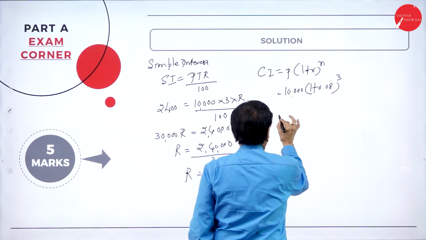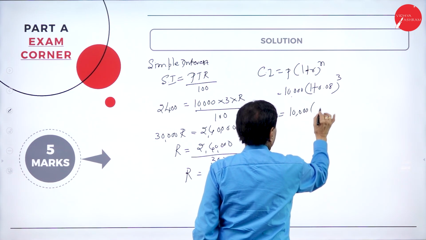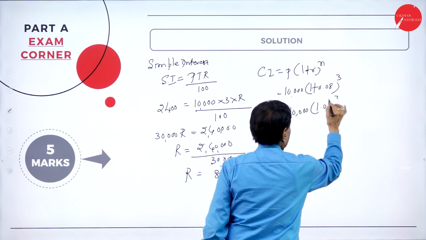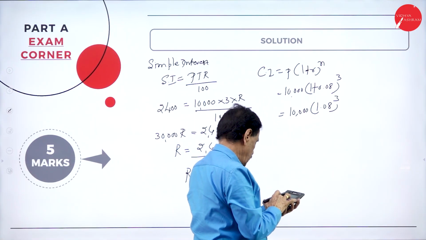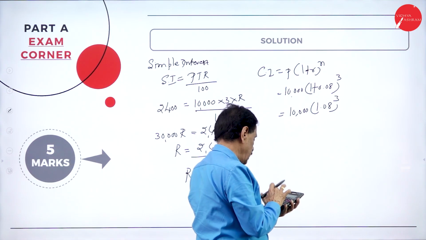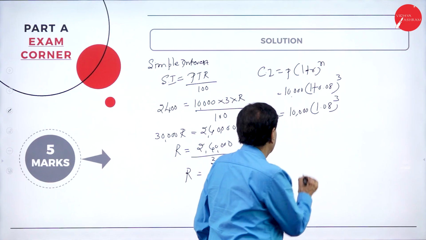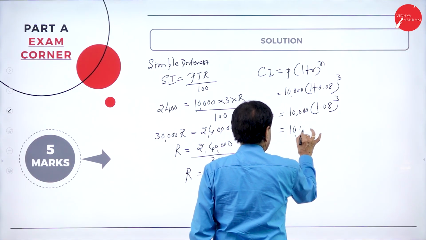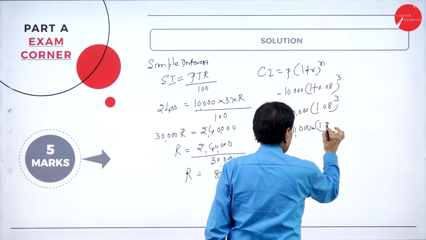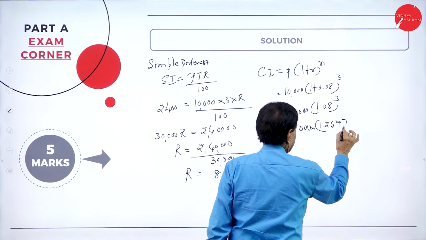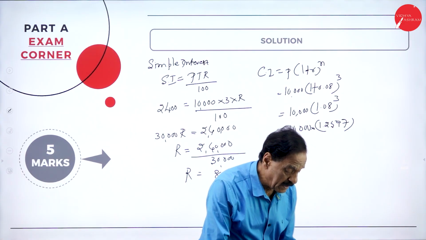This is 10,000 into 1.08 to the power of 3. 1.08 into 1.08 into 1.08 is 1.2597. 10,000 into 1.2597 is 12,597.